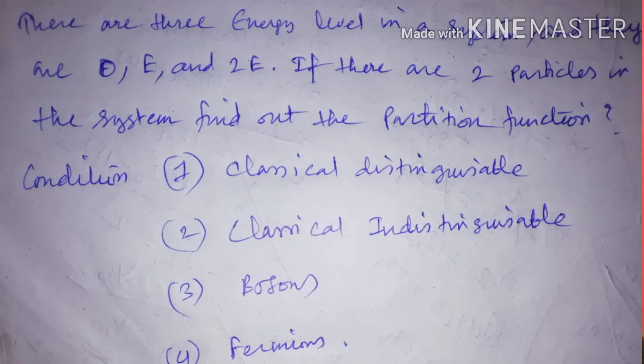We have to find the partition function for the system if the particles are classical and distinguishable, following Maxwell-Boltzmann distribution, or indistinguishable, and if the particles are bosonic in nature, or if the particles are fermionic in nature.